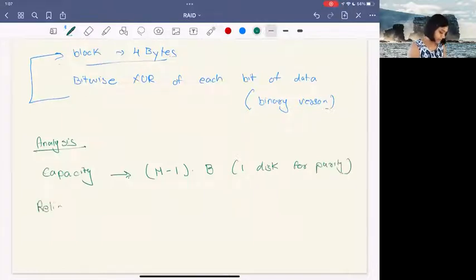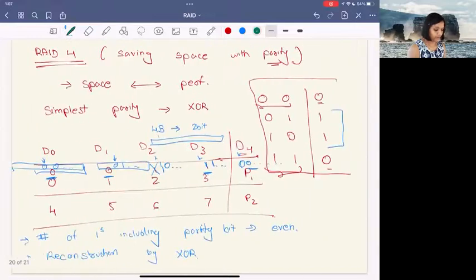For reliability, how many disk failures can RAID 4 tolerate? 1, yes, definitely it can tolerate 1 disk failure, because we saw in this example where disk 2 fails and we reconstruct its data by using the parity data. Can it tolerate 2 disk failures in this example?